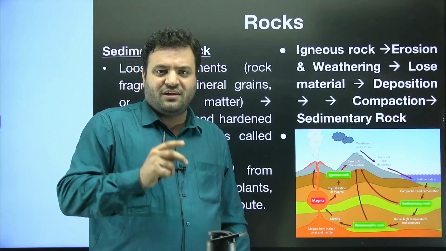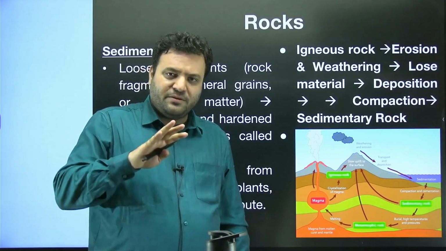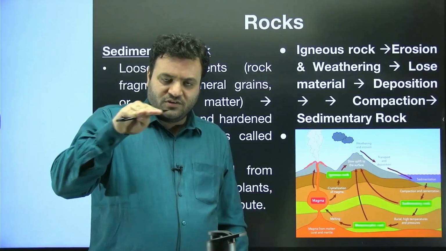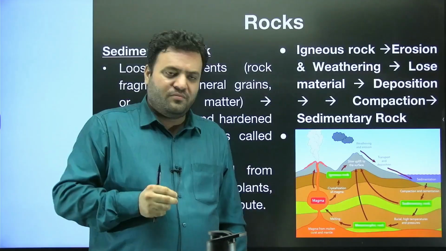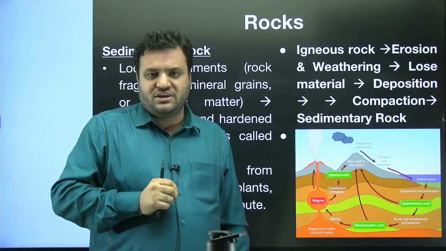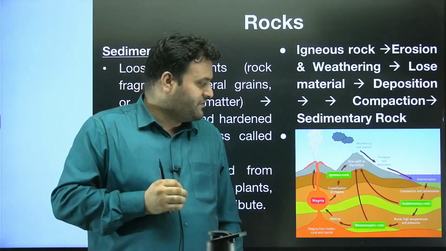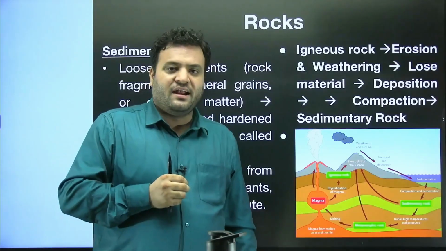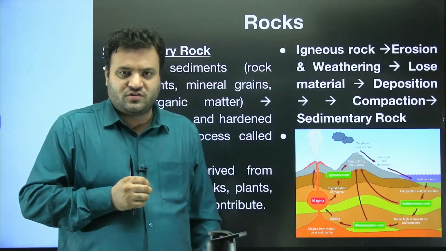Ultimately, sediments would lead to deposition. When there is deposition, constant layers are going to be formed. As a result of this layered arrangement of sediment, there will be compaction, cementation, and ultimately sedimentary rocks.